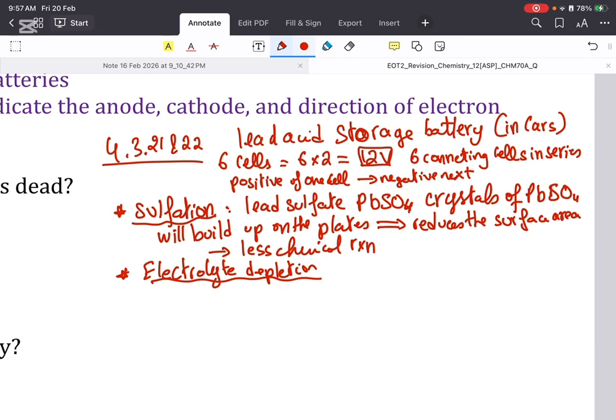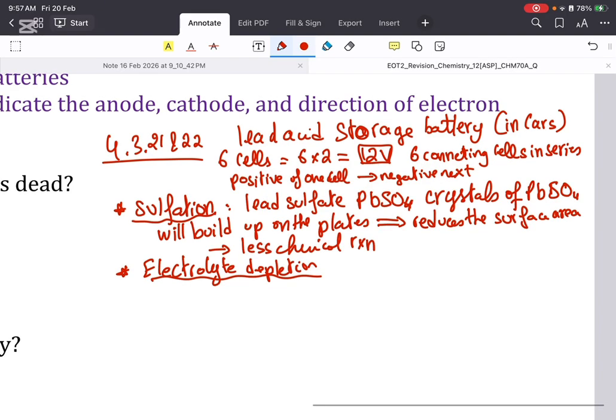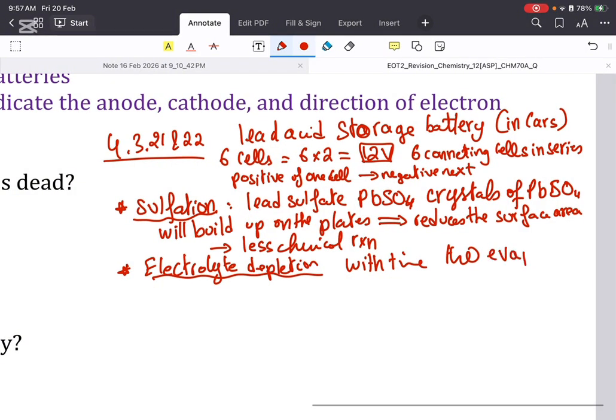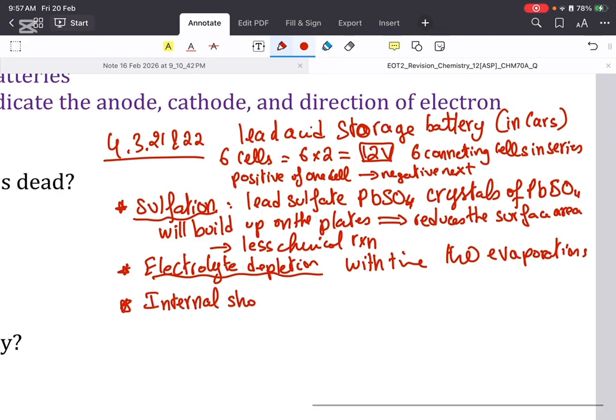The temperature near the engine is very high, so with time the water inside the battery evaporates. So I don't have any solution medium anymore. We call it electrolyte depletion. And the third reason why a lead battery goes dead is the internal short circuit.